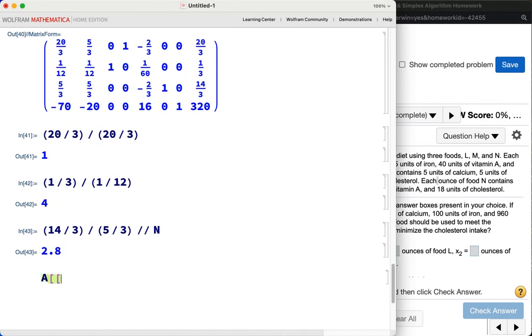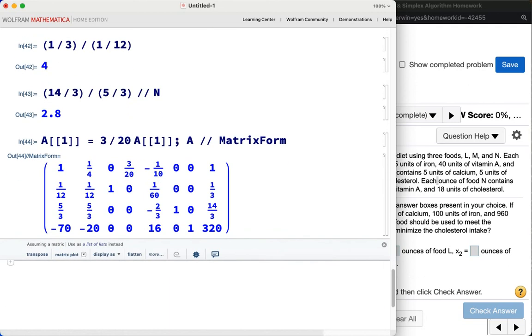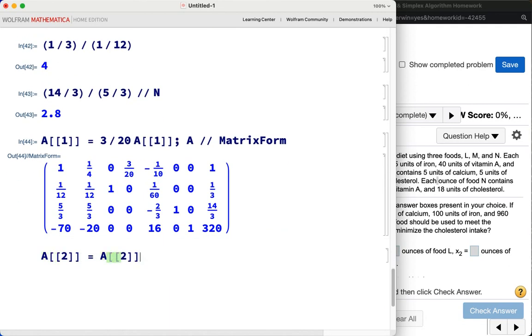So the new first row of the matrix is equal to 3 over 20 times the old first row.